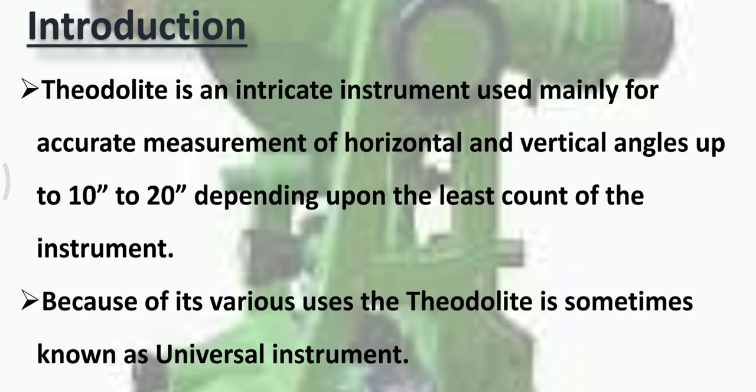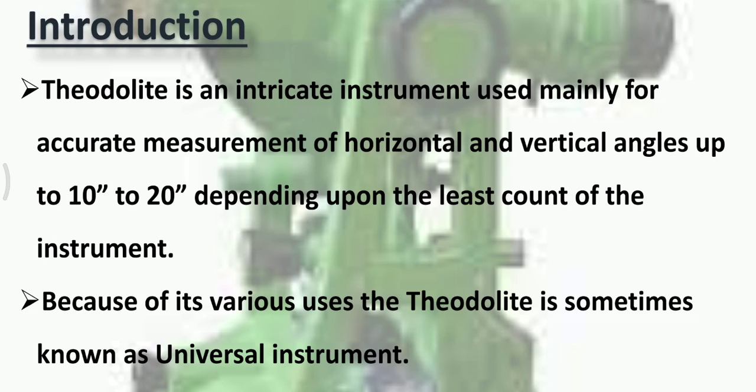In 4 mark questions, the procedure for measurement of horizontal angle as well as vertical angle is asked. And in 6 mark questions, there are problems of calculating the coordinates of a traverse and balancing of a traverse. On these two topics, 6 mark problematic questions are asked in the MSBT exam.